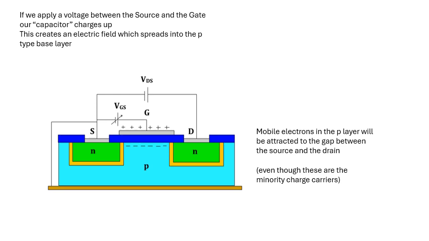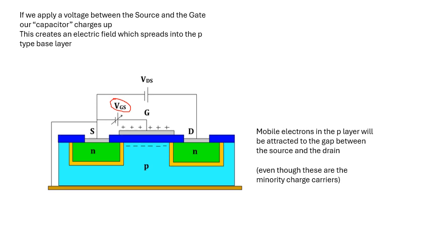However, if we put a little voltage between the source and the gate, so looking on this diagram here, if we put a little voltage, VGS, between the source and the gate, what happens is that our little capacitor charges up. Look, the top plate becomes positive, the bottom plate becomes negative. The top plate is the connection, this layer connection between the gate and the semiconductor material.